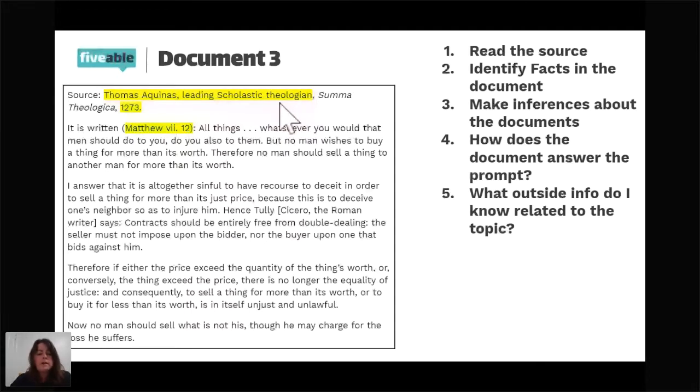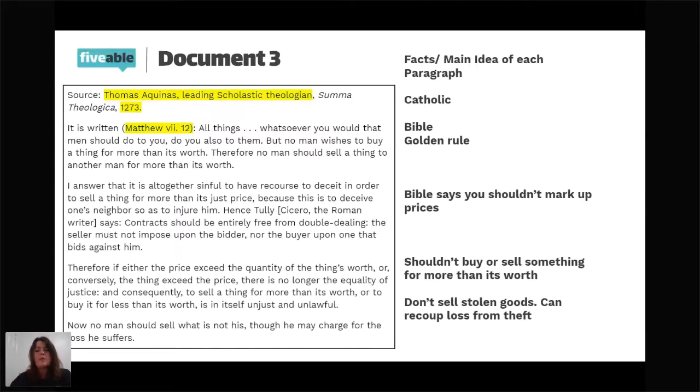Thomas Aquinas, I believe, was a saint in the Catholic Church. So we know this is going to be Christianity.